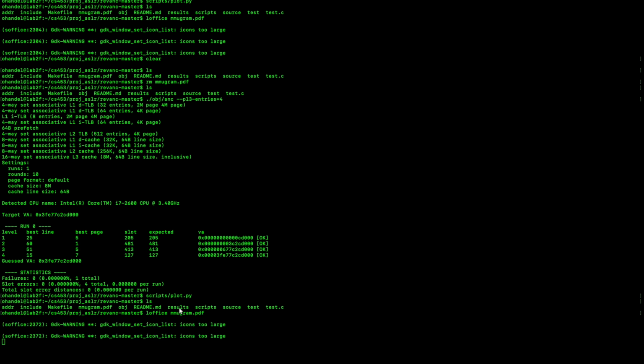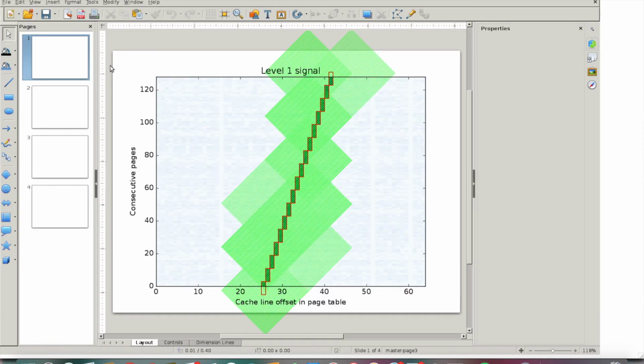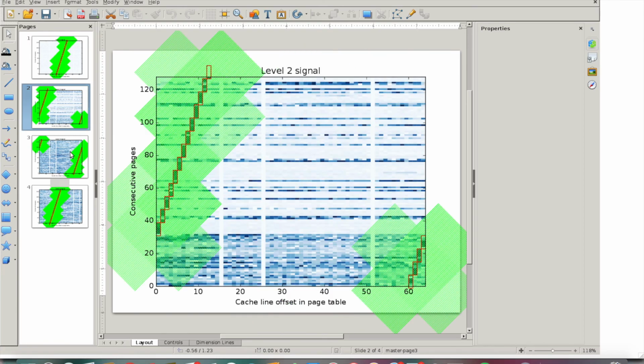Open this up. It takes a second to load, but we should see the graph here in a second. So yes, as you can see, it provides us with all 4 levels, and on each level we have the cache line offset in the page table graphed against the consecutive pages. It gives you a nice overview of each level.